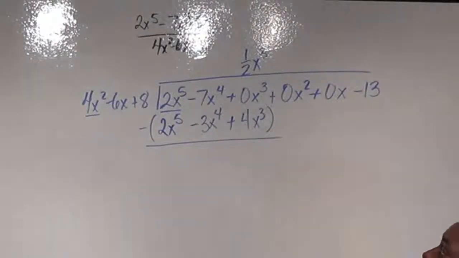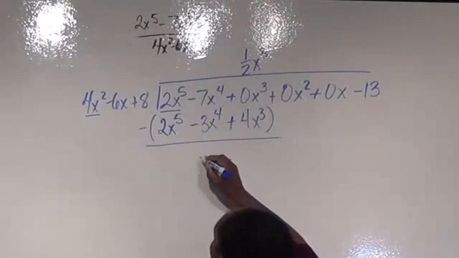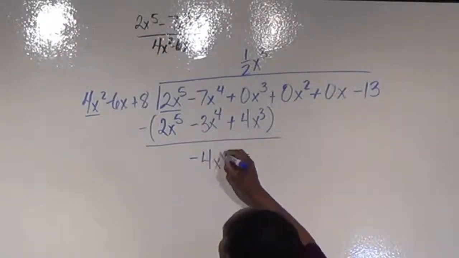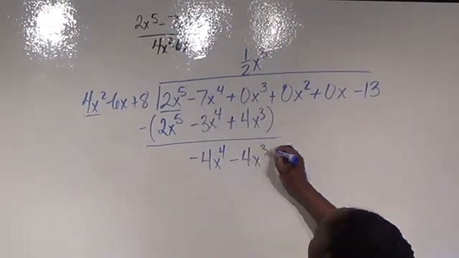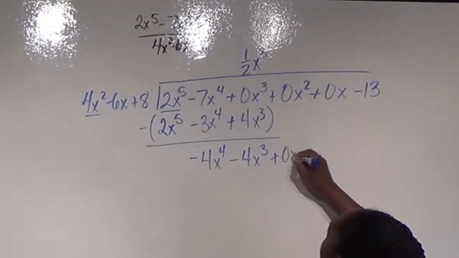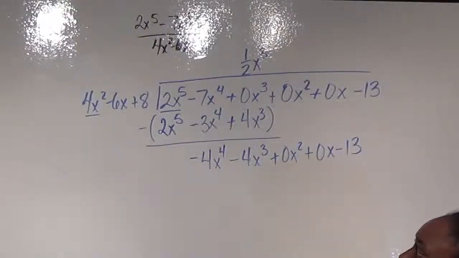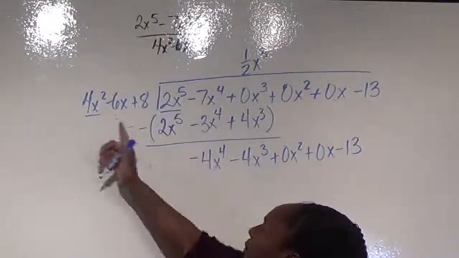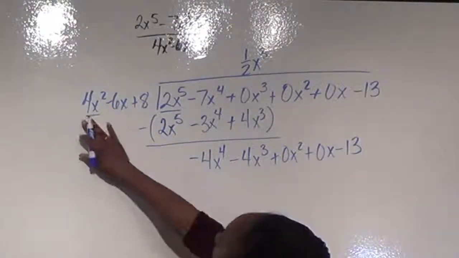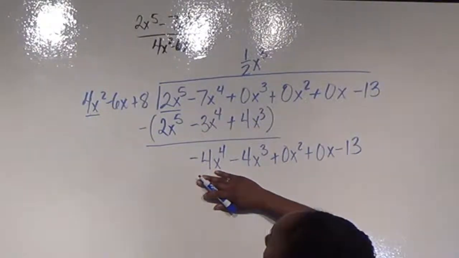Again, we'll subtract. So negative 7 minus a negative 3 looks like negative 4x to the fourth minus a 4x cubed plus our 0x squared, 0x minus 13. Okay. Same thing, degree here is bigger than degree here, so what times 4x squared will give me a negative 4x to the fourth?